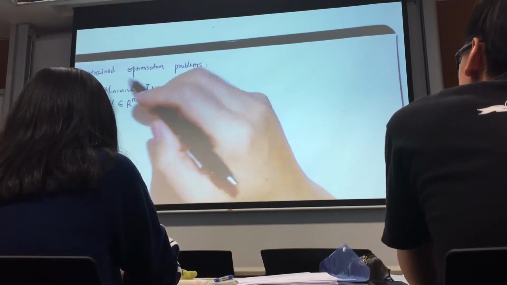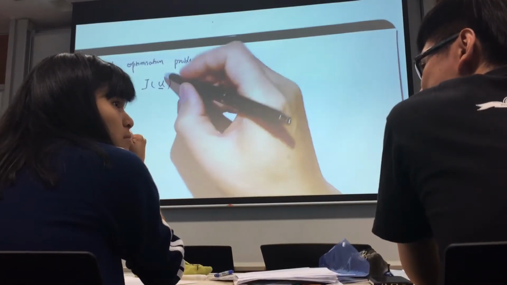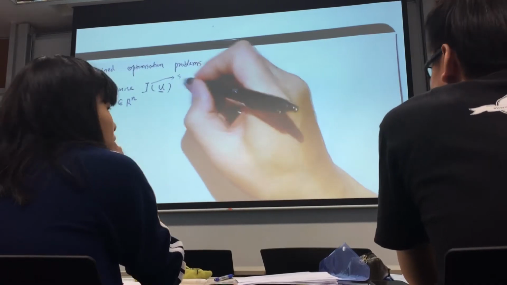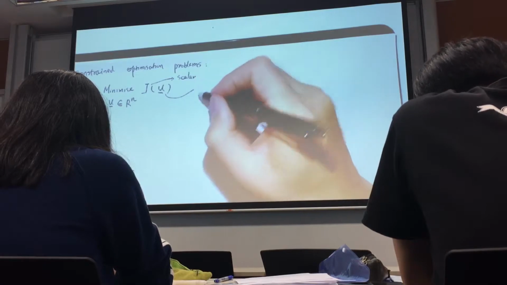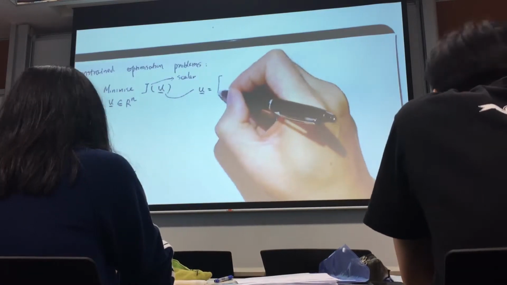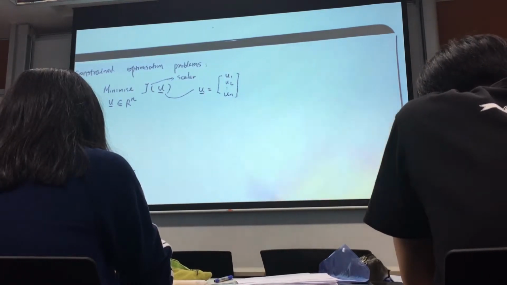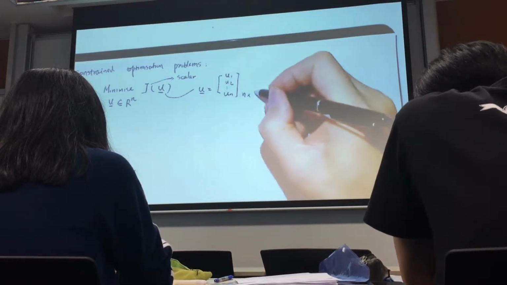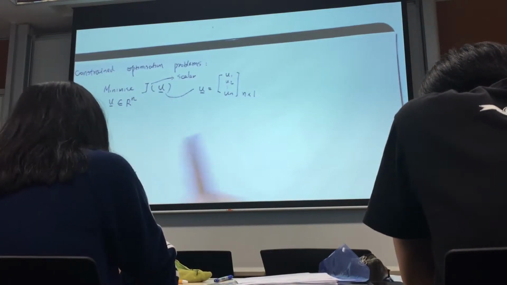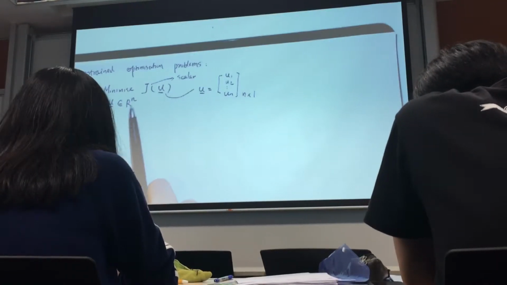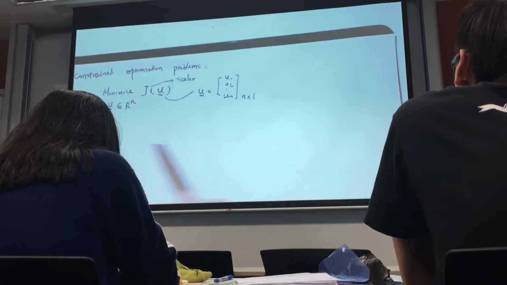So far the problem is the same as the unconstrained optimization problem. This J is a scalar, and this u is a column vector u1, u2 up to un, an n by 1 column vector, and all the control inputs are real. So I define this to be an n-dimensional real space. So far it's nothing new.